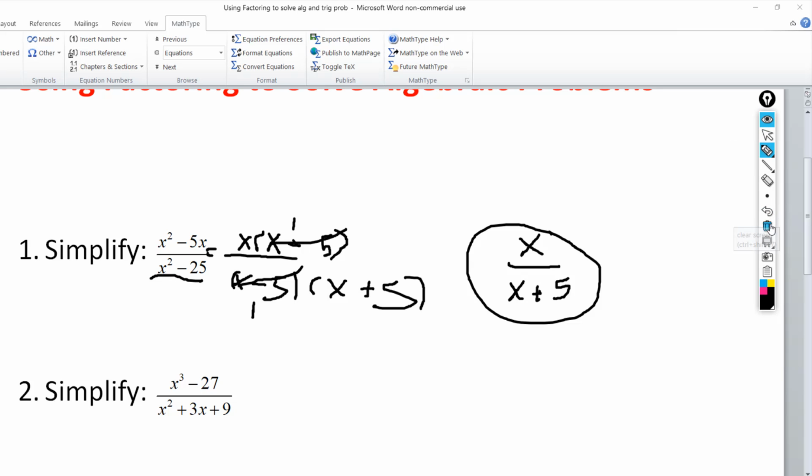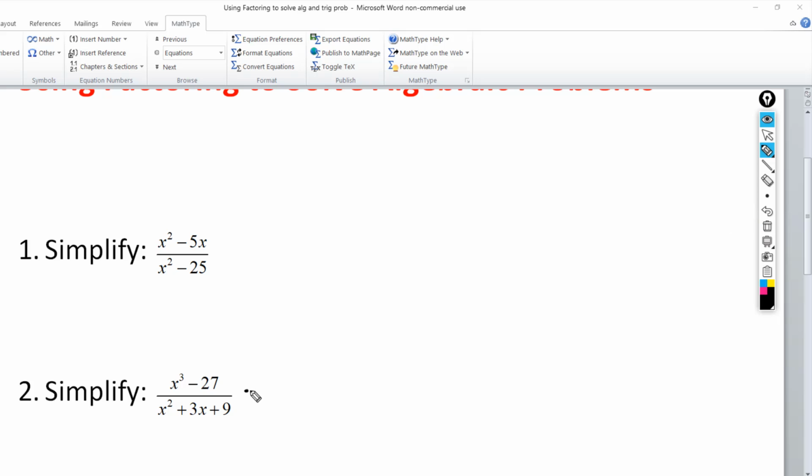Let's clear this. Now in the next one, again we have a binomial on top. The bottom has a trinomial. Now notice the top part is a difference, no common factor, but it's a difference of cubes. 27 is a perfect cube. Of course, x to the third is a perfect cube.